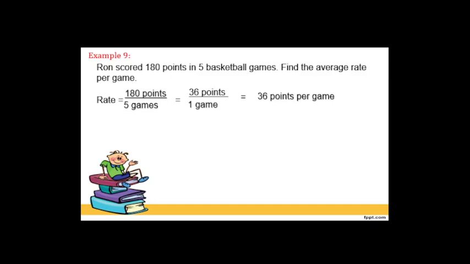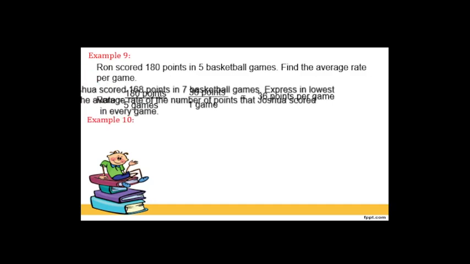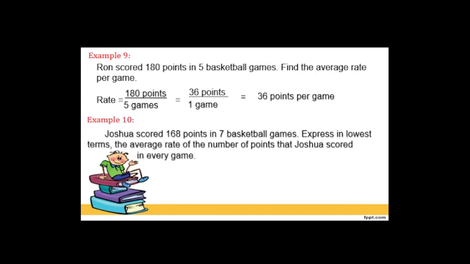Next, Joshua scored 168 points in 7 basketball games. Express in lowest terms the average rate of the number of points that Joshua scored in every game. So again, by writing the rate, that is equal to 168 points over 7 games.